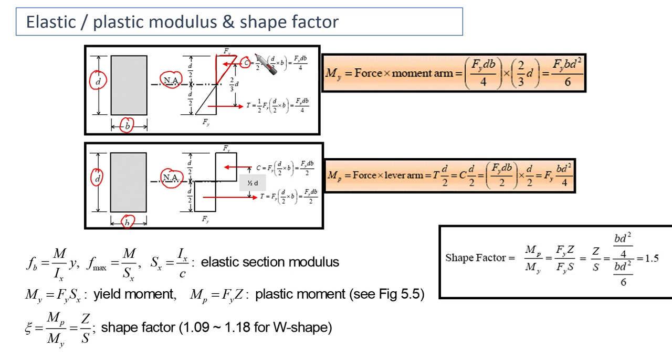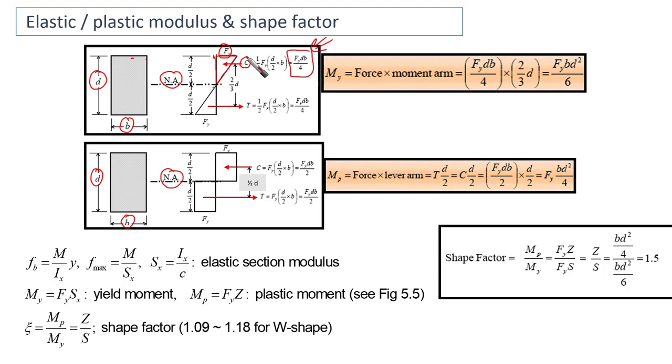So it is going to be half F yield, because we reach F yield, this is the base of the triangle, times D over 2, which is the height of the triangle, times B, which is the width of the cross section. So it is going to be F yield dB over 4, right?